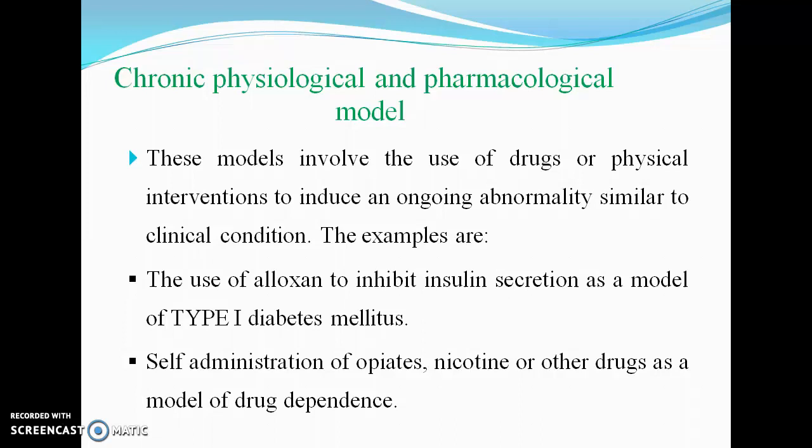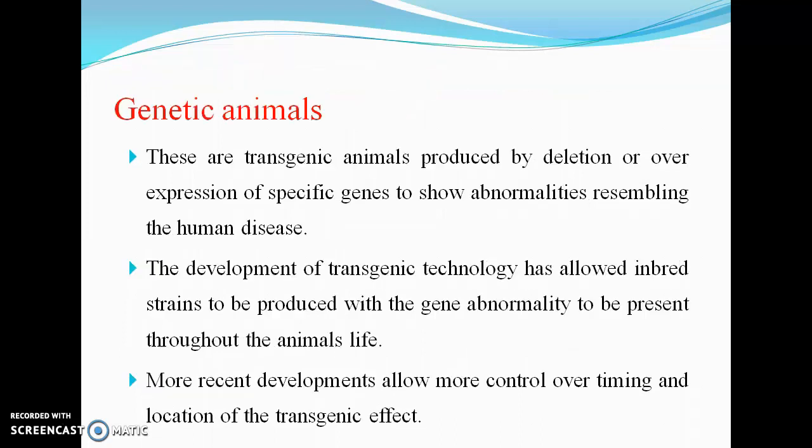So this is the difference you can find between the acute and the chronic physiological and pharmacological models. The manipulation or drug induction of the disease will vary in such conditions, and the duration of occurrence of the symptoms in the animals also varies. In a chronic model, it will be for a longer time.